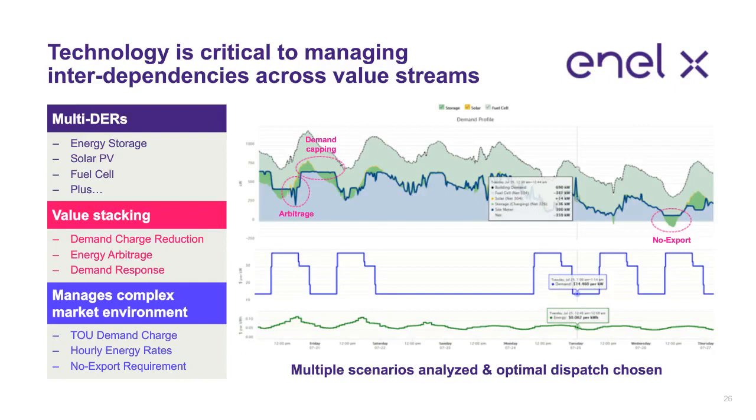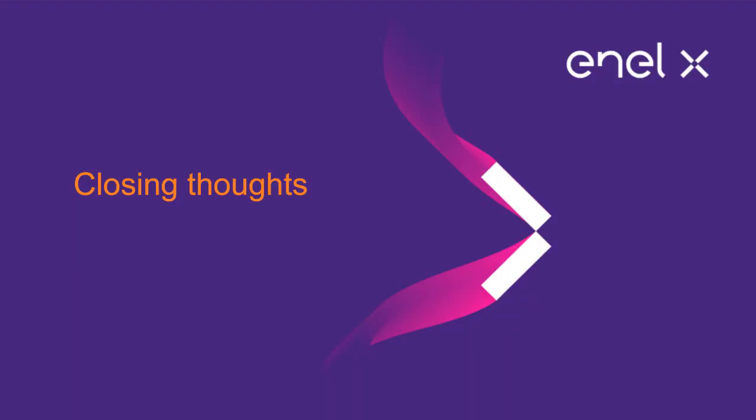And so it's bringing all this together in a technology solution that, frankly, would be virtually impossible to manage manually or without technology. And so that's why technology plays such a critical role when accessing grid services to help bring this all together in a way that's scalable and to manage the interdependency across value streams in a sophisticated way. So that concludes the webinar, and we'll close with a few final thoughts.